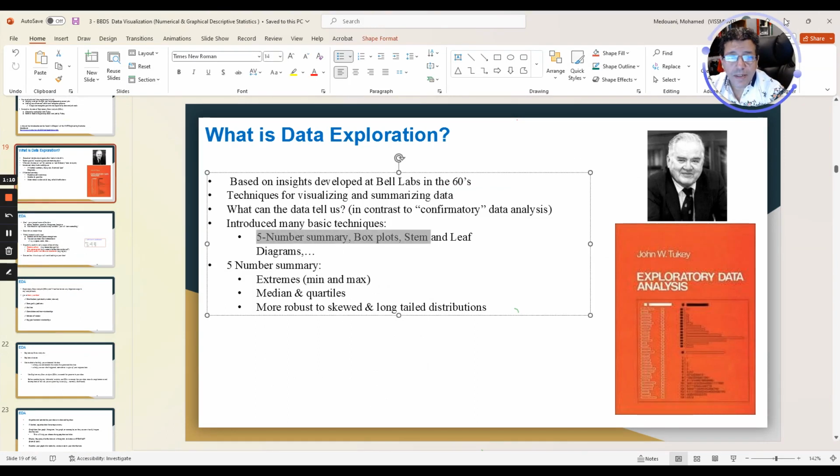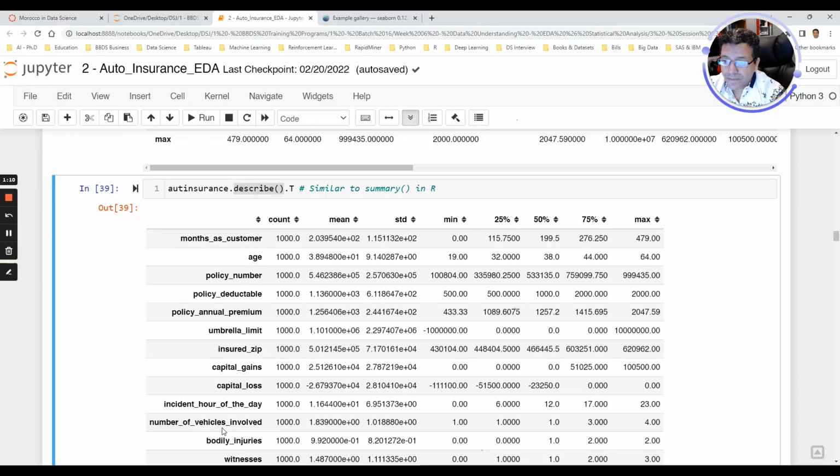The 5-number summary is nothing but the minimum, 25%, 50%, 75%, and the maximum. This is all called the 5-number statistical summary of John Tukey.